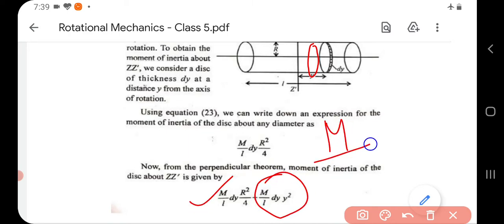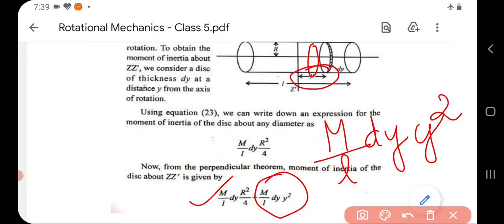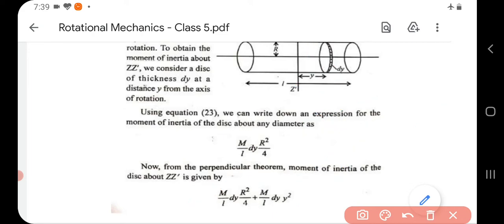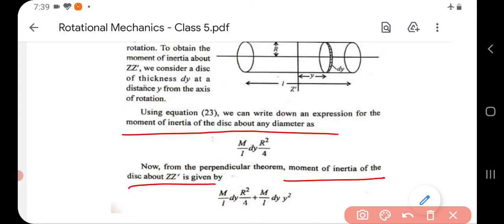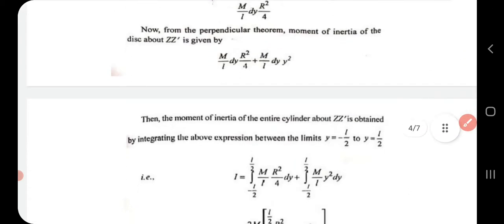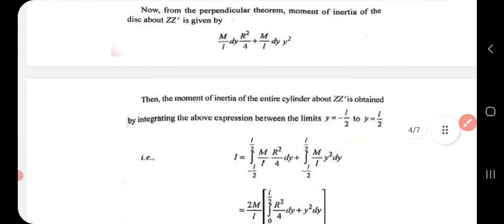Its mass will be mass per unit length into its thickness dy, and its distance from the axis of rotation is y, so y square. So the moment of inertia about z dash will be the sum of the moment of inertia about any diameter and the moment of inertia of the thin circular disc. Now, to get the moment of inertia of the whole cylinder, what do you have to do?